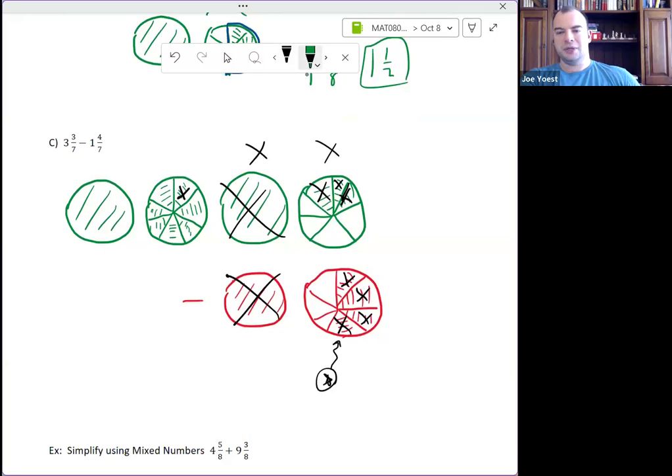So what am I left with then? All of the reds are canceled out now. So I'm left with one whole pizza. And then I have what? 1, 2, 3, 4, 5, 6, 1 and 6/7.